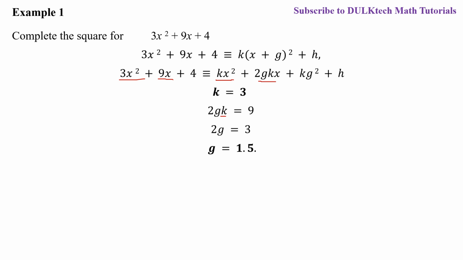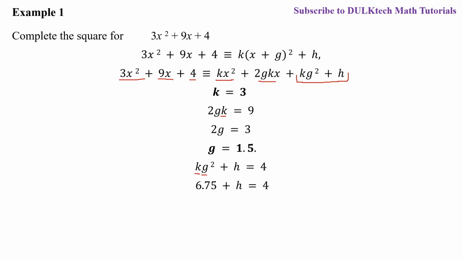Let's equate the constants now. The whole of kg squared plus h is a constant, and it is equal to 4 because the constant on the left hand side is 4. We already have the value of g and the value of k, so we substitute those values. If we substitute 3 for k, it will be 3 times 1.5 squared, and this simplifies to 6.75 plus h, which is equal to 4.